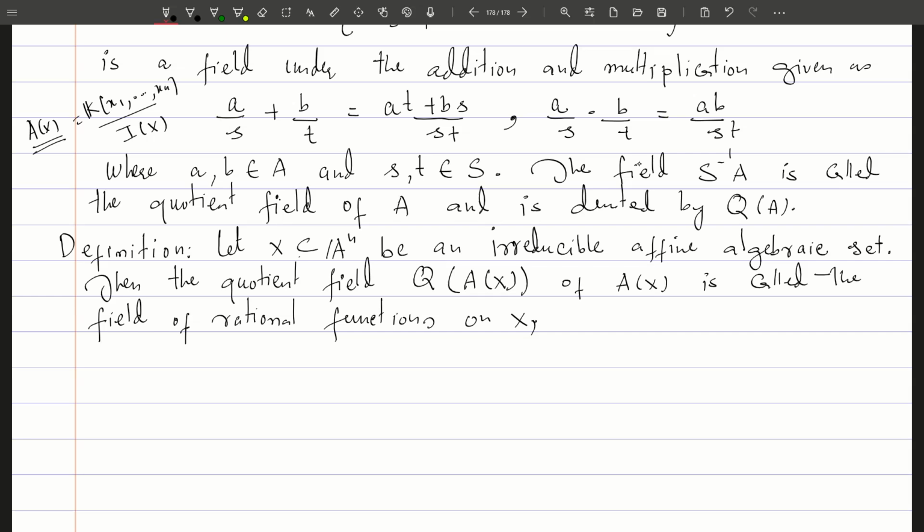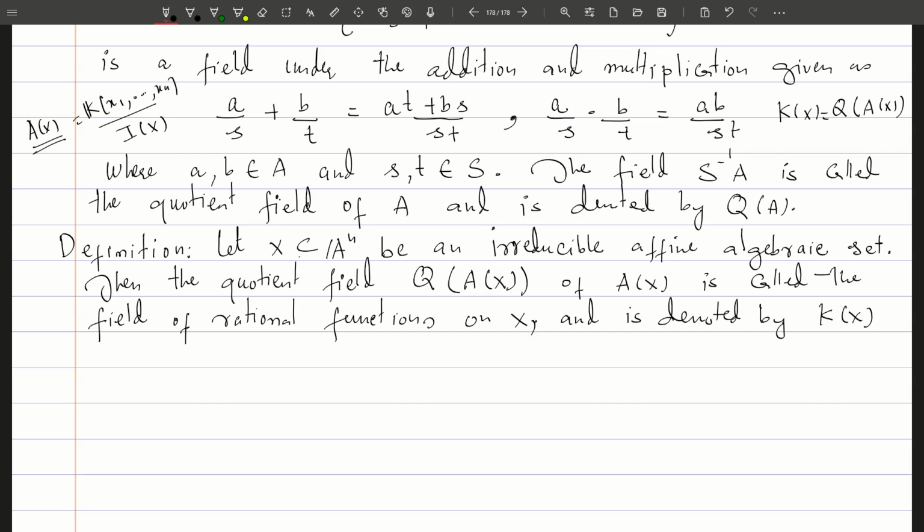It is denoted by K of X. So this K of X is actually the quotient field of the coordinate ring.